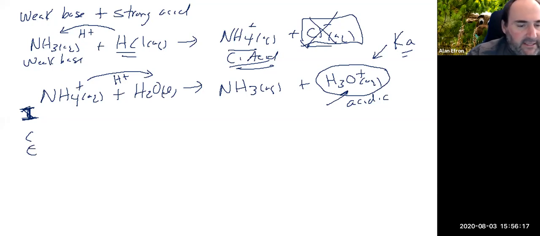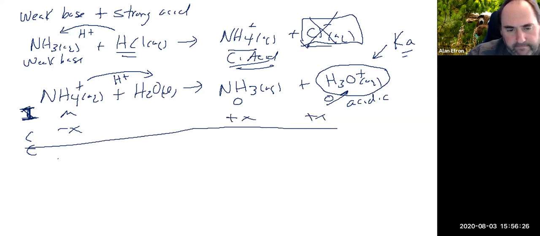So we would do an ice table and it would be numbers and X's here. And as we talked about, it goes into our Ka because of that.